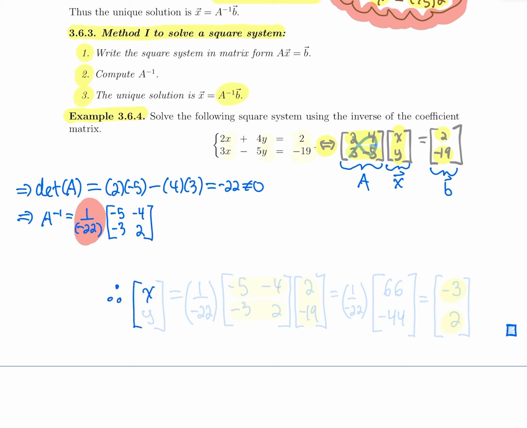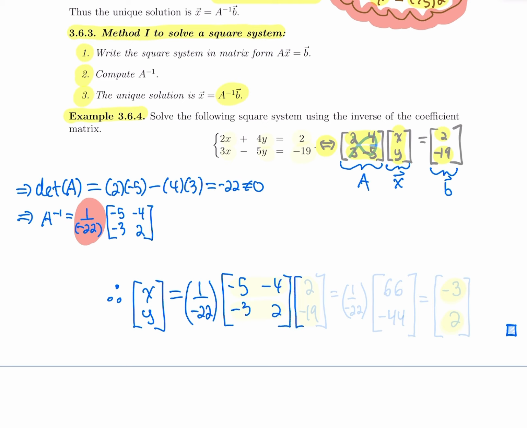So the solution, (x, y), is going to be the inverse, so 1 over minus 22, minus 5, minus 4, minus 3, 2, and then I multiply it by the augmented part.